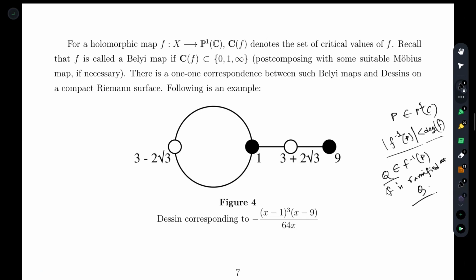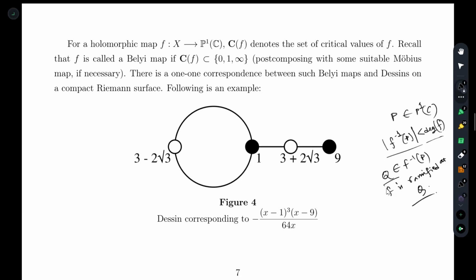Now, if necessary, we can compose f with a Mobius transformation, as we have seen before, and we can assume that if there are only 3 critical values of f, then we can make those 3 values inside the set {0, 1, infinity}, and we call such a map a Belyi map if there are at most 3 critical values.